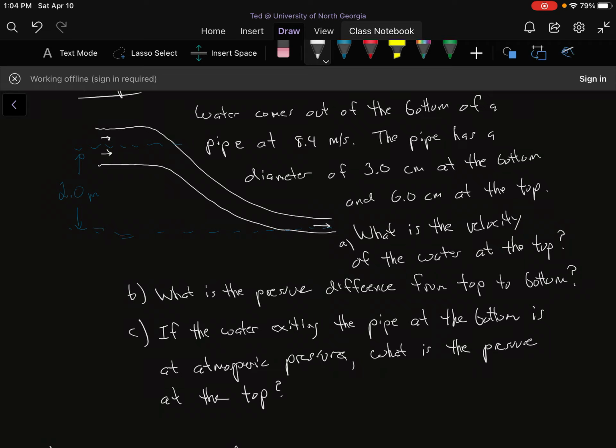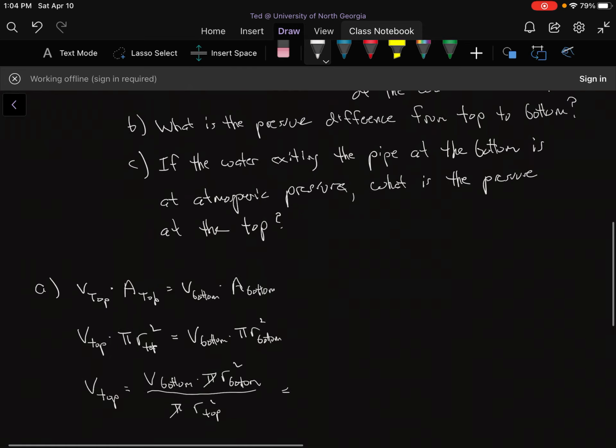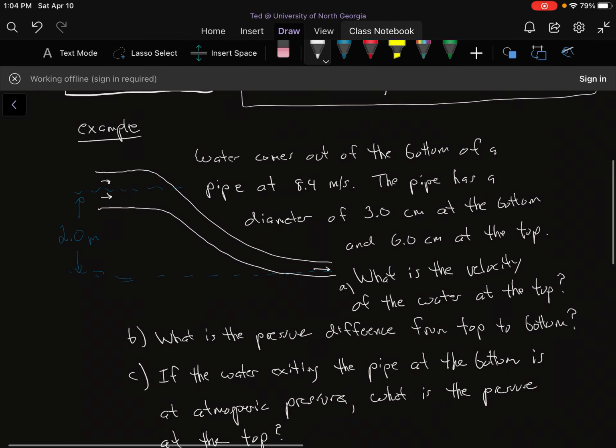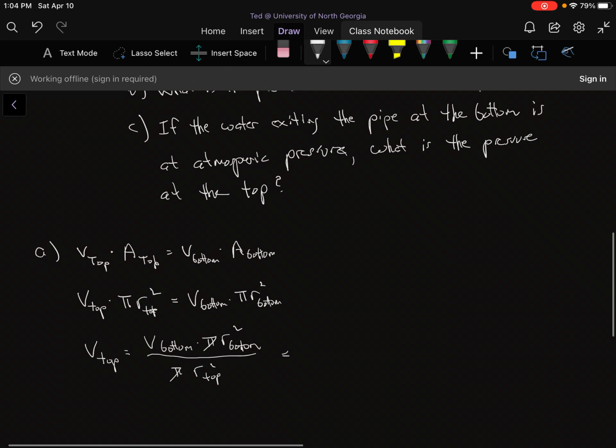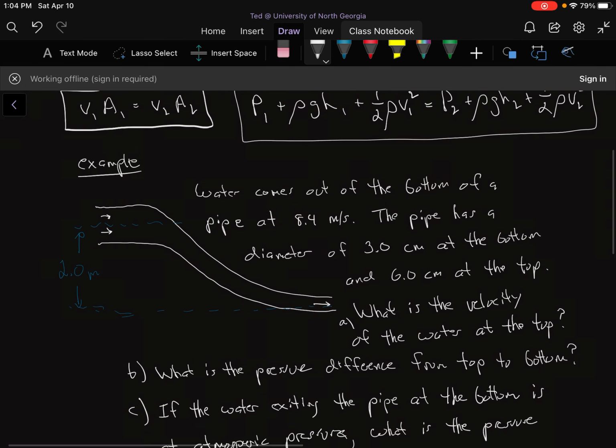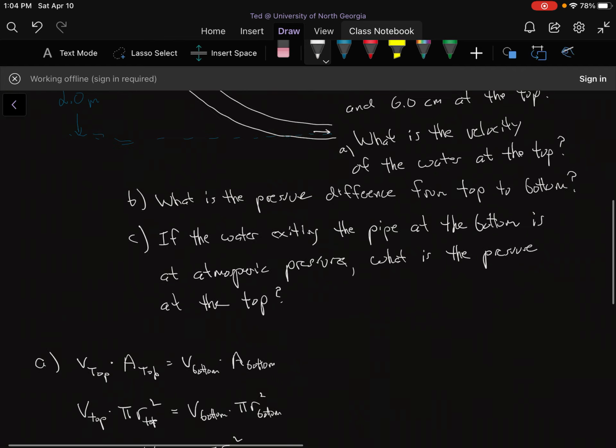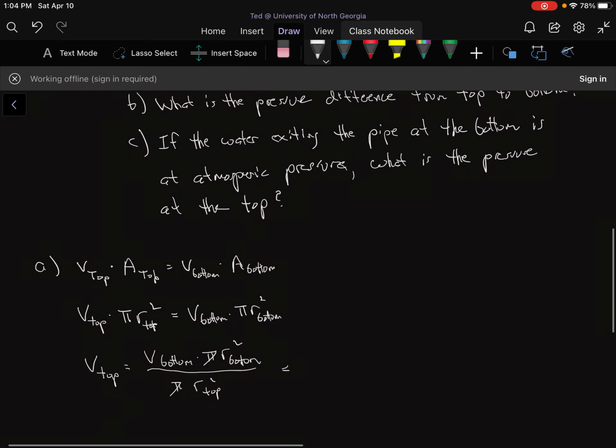And the radius at the bottom is 1.5 centimeters, which is 0.015 meters squared, divided by the radius at the top, which is 3 centimeters, which is 0.03 meters squared. And so that equals 2.1 meters per second at the top.